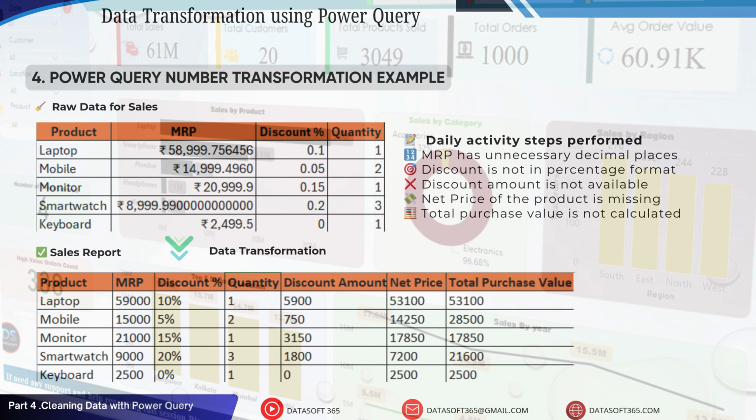If you see here, MRP has unnecessary decimal places. Discount is not in percentage format. Here we don't have the net price of the product and we also don't have the total purchase value. Now let's go to Power BI and apply these transformations step by step.